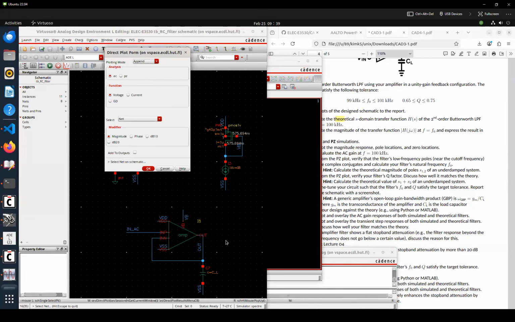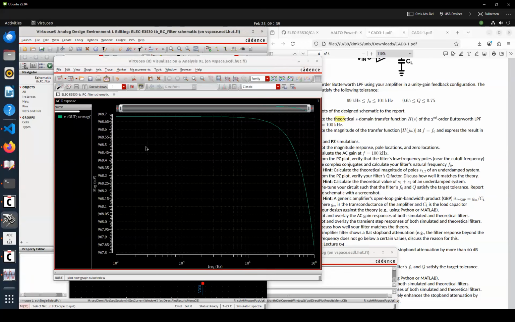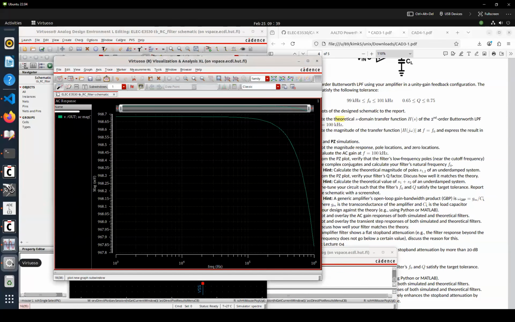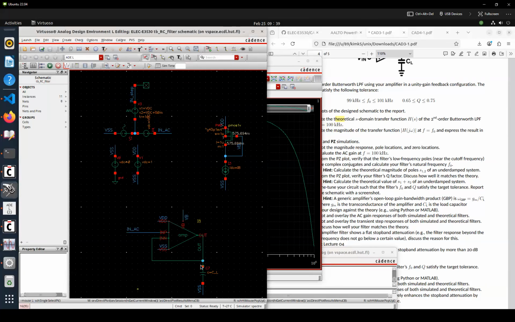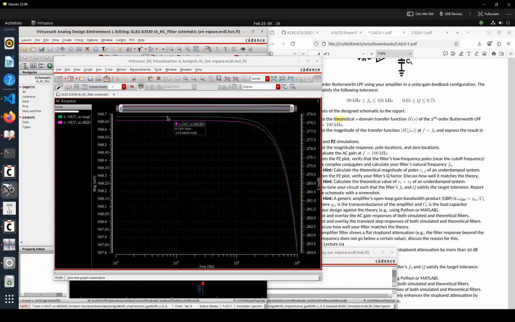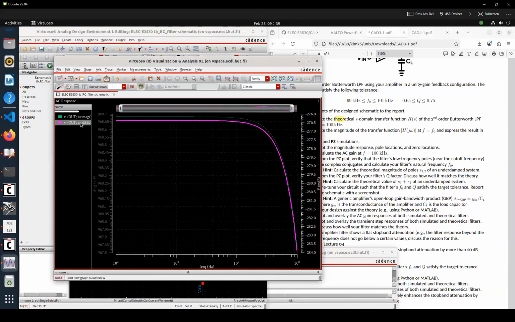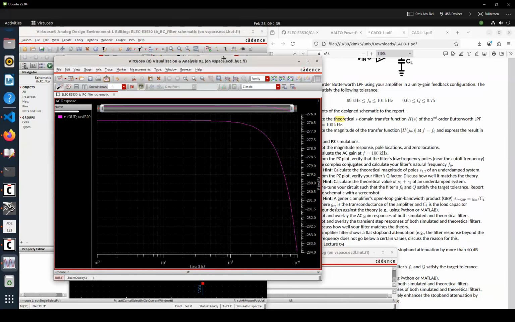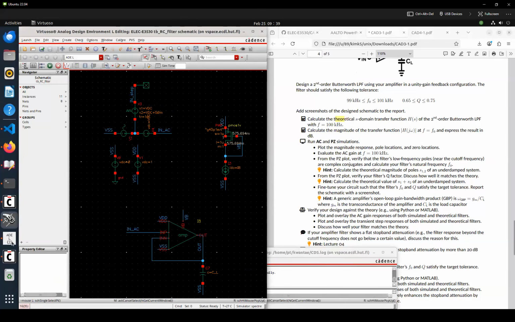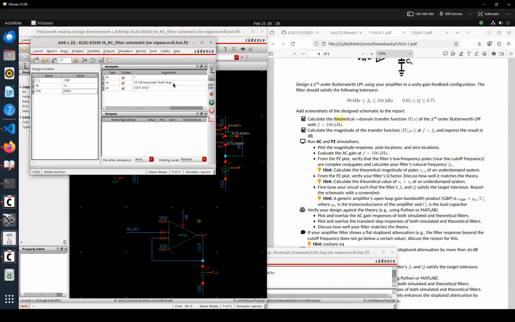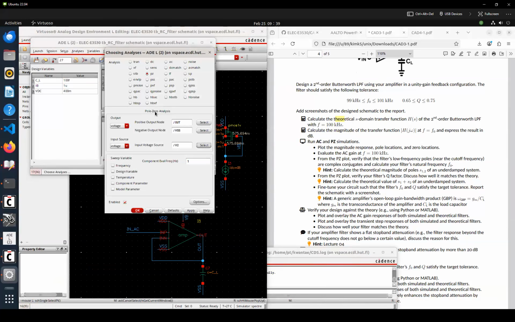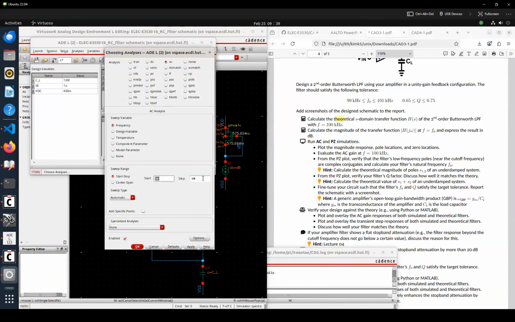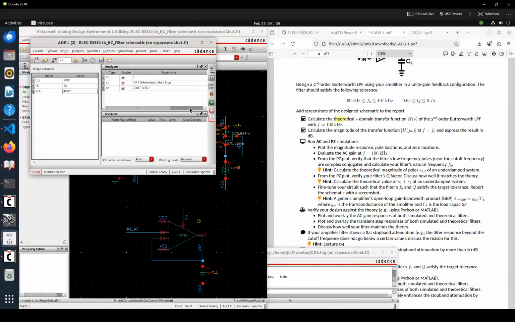So the magnitude you can plot in linear scale as well as dB scale. For dB scale, it had a cutoff frequency much larger than 100 kilohertz by default last time, so let's run for 1 gigahertz.